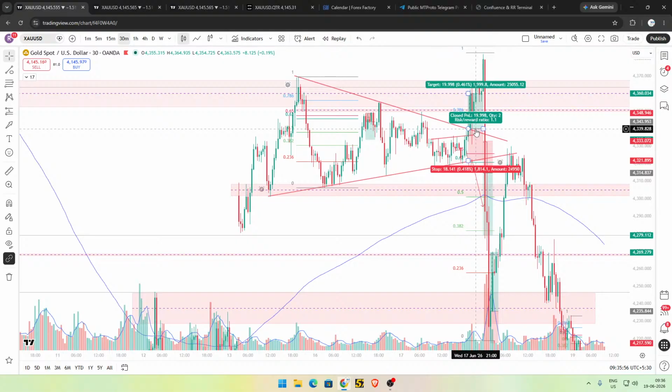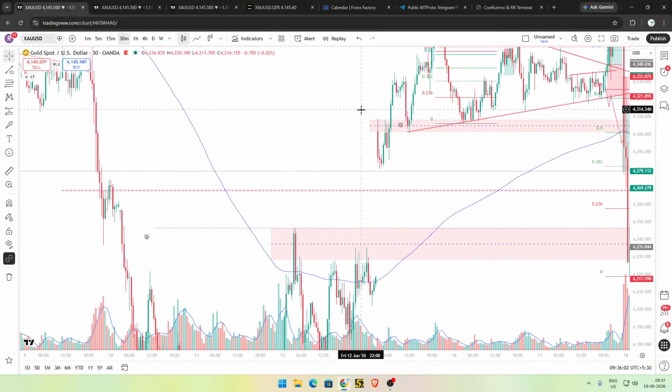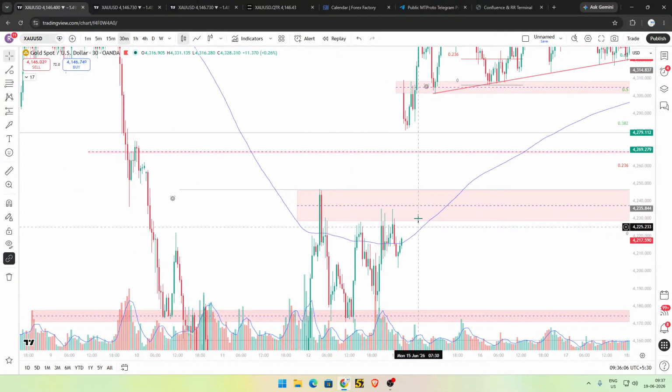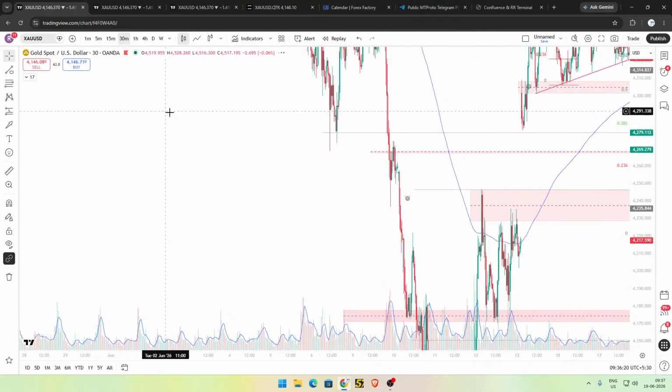I will come again later to that opposite direction trade. And see this acted perfectly because it was trading above the 200 moving average, and in lower time frame also same condition.